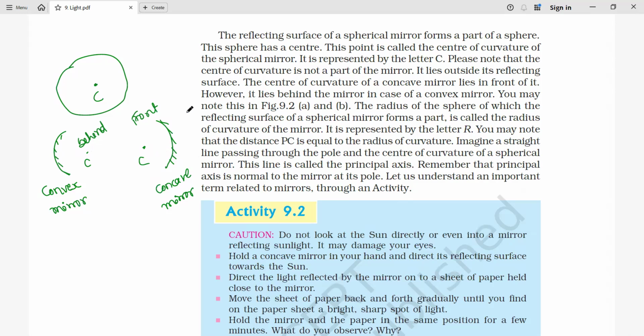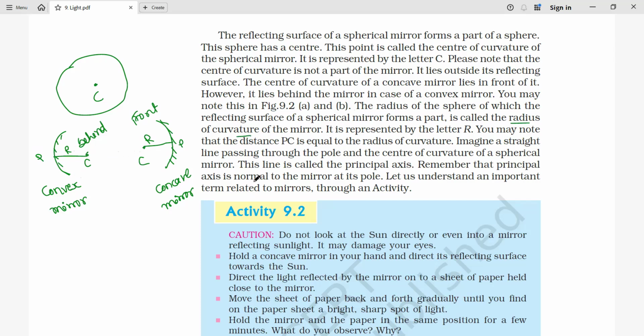Now, the sphere from which the mirror is made has some radius. When we join the center of curvature and the pole, that length is called the radius of curvature, which is denoted by capital R. Simply, the radius of the sphere from which the mirror is made is the radius of curvature.